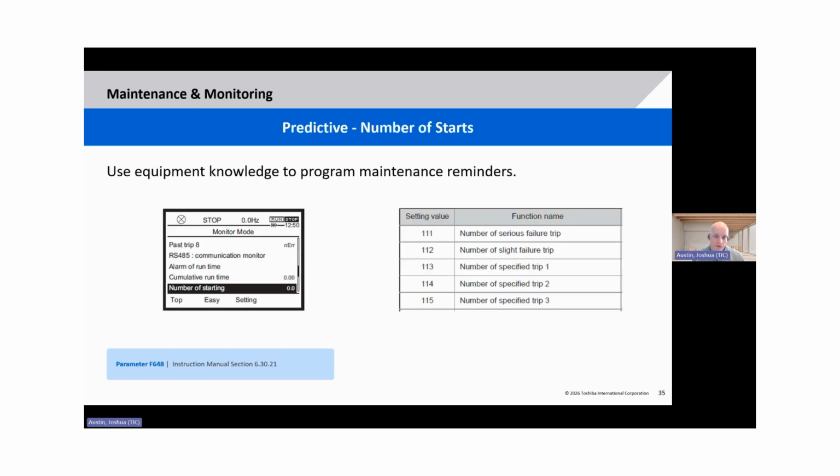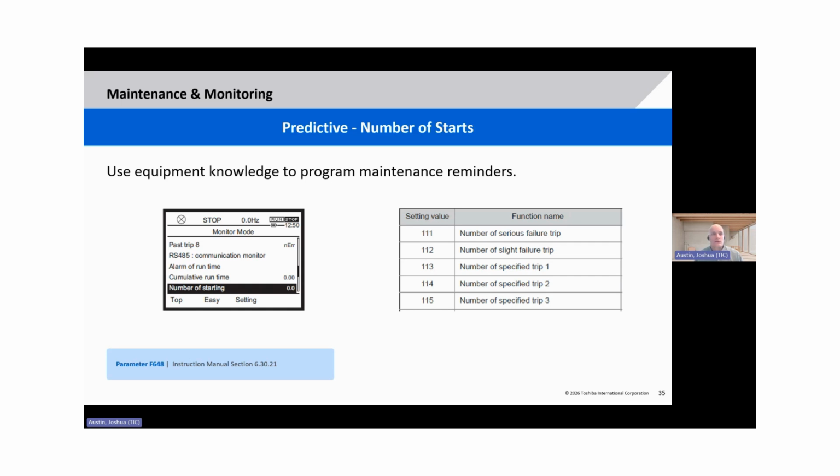One other item for predictive, and this is oriented towards somebody who has more complete knowledge of the overall system. This is not going to be predictive maintenance specifically for the drive, but the drive can be used to track the number of starts, so the number of times that the motor is starting.